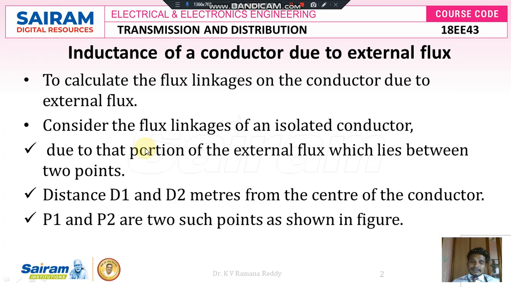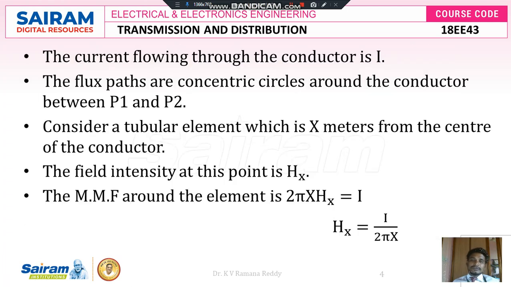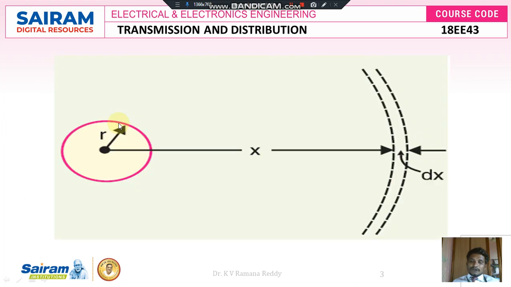That inductance is because of the flow of current in the two dotted concentric circles of the conductors located at points P1 and P2, as we consider the tubular element of distance x for this conductor.